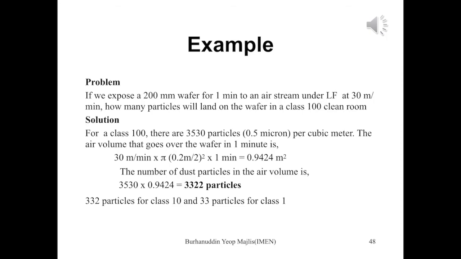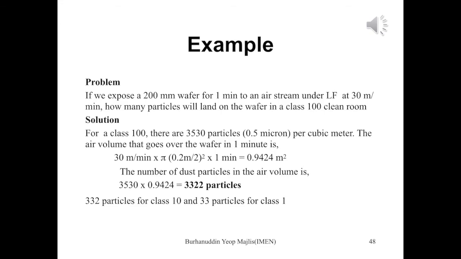So the solution: for class 100, there are 3,530 particles of 0.5 micron per cubic meter. You can refer to the chart. The air volume that goes over the wafer in 1 minute is the speed, 30 meters, multiplied by the area, the wafer size, and also the time.